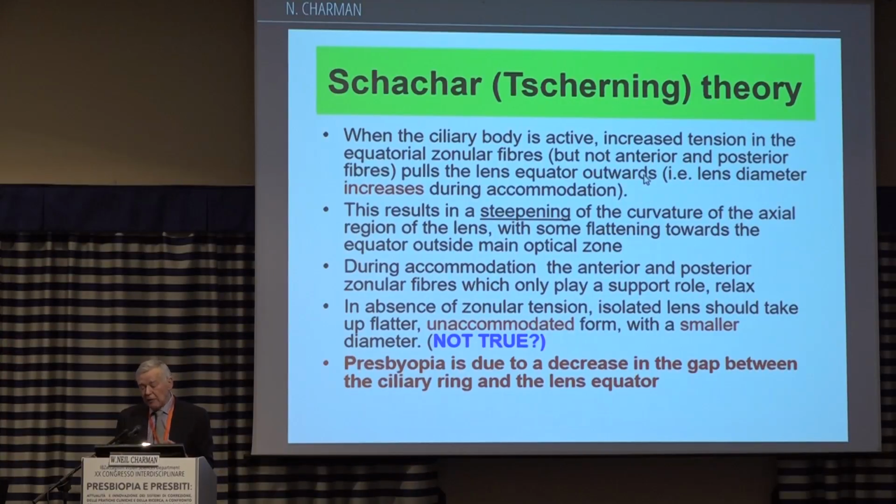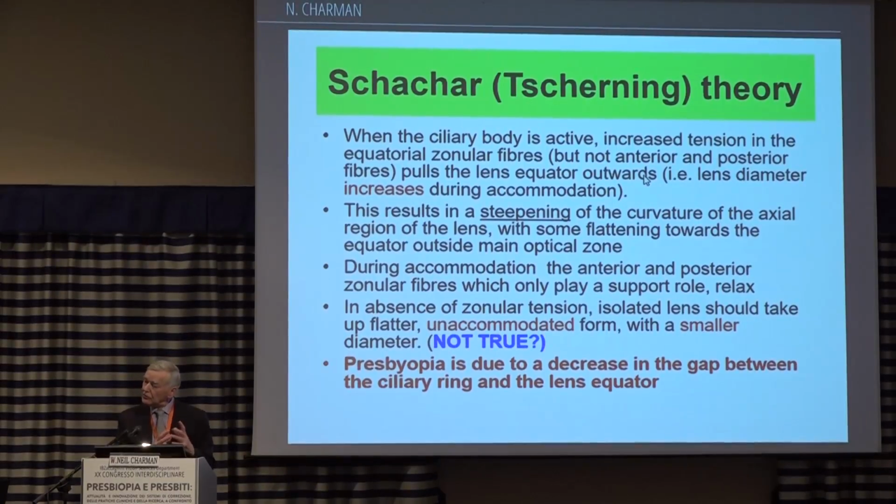What was happening was that the central region was pushed out into almost a cone of steep radius of curvature at its apex. So the lens surface was changing from an almost spherical shape into a very distorted aspheric shape. Now, the evidence for that is meagre to say the least.